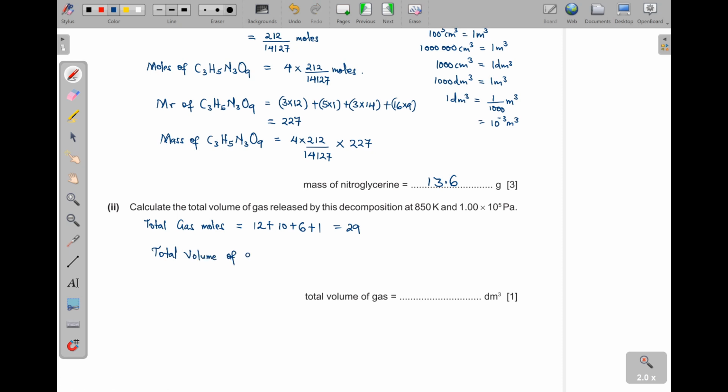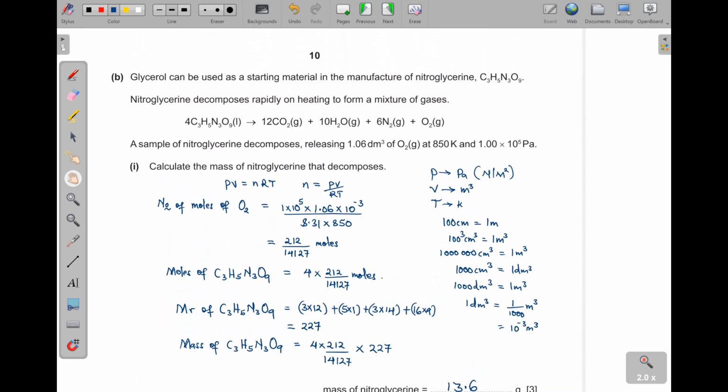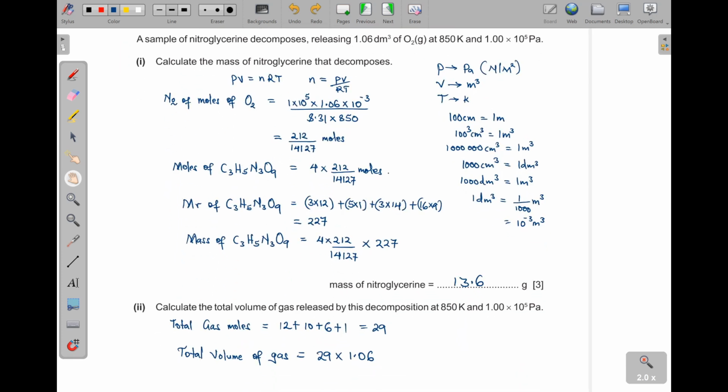of gas is therefore going to be equal to 29 times 1.06, because for oxygen, we saw here that it was 1.06, and this is 1 mole here. All of these gas moles are occupying the same volume. 1 mole of a gas, just like we can say, occupies 24 liters at room temperature and pressure, RTP.